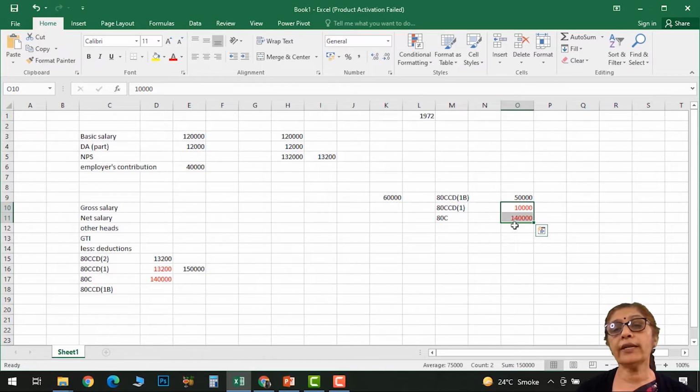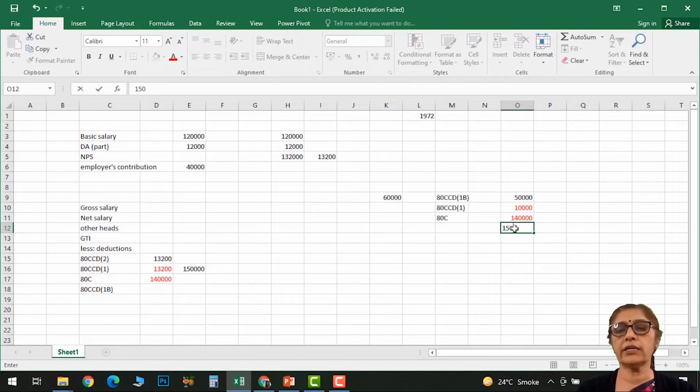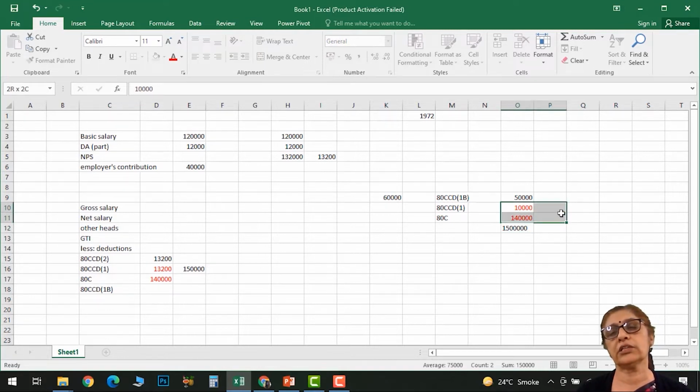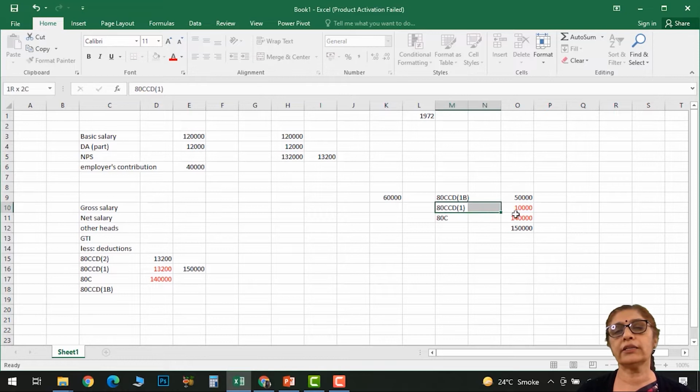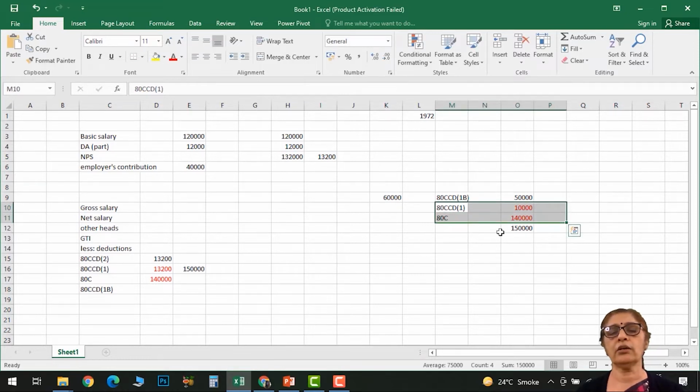But if you have already taken the benefit of 1,50,000 under 80C by way of another investment, then you cannot claim this 10,000, because now it becomes more than 150. So you just add them together and limit it to 1,50,000.